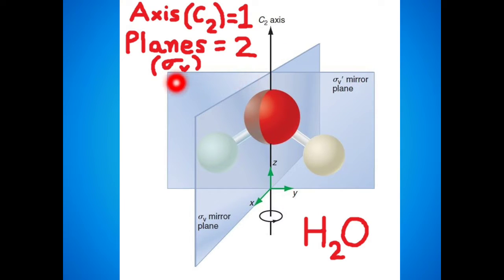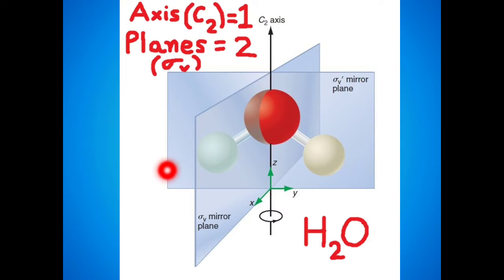You can see, for example, this plane, sigma v dash, is passing through this water molecule and bisecting all 3 atoms, 2 hydrogen and 1 oxygen, into 2 equal halves.